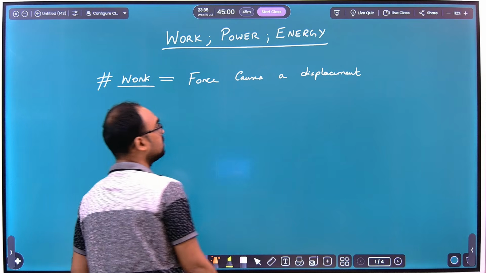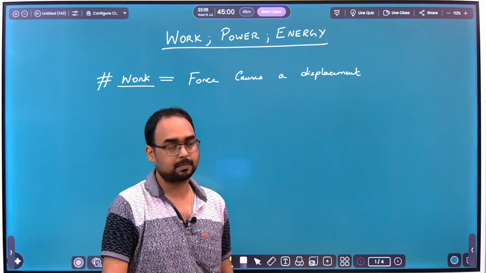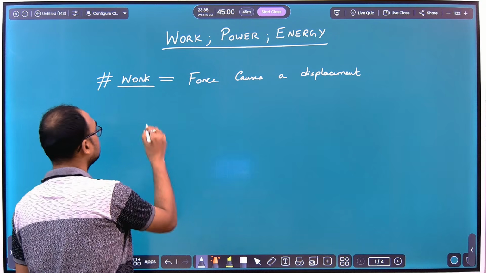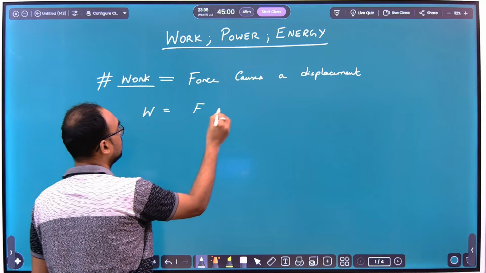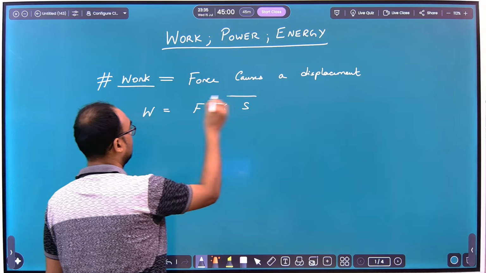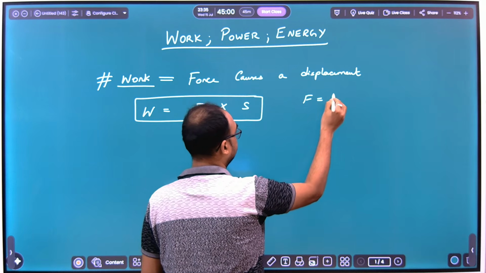When a force causes a displacement, work is said to be done. So with the simplest definition, the formula will be W equals F into S, where F is the force and S is the displacement.